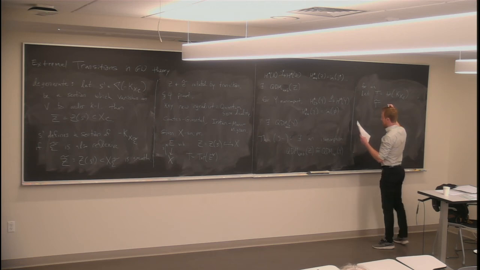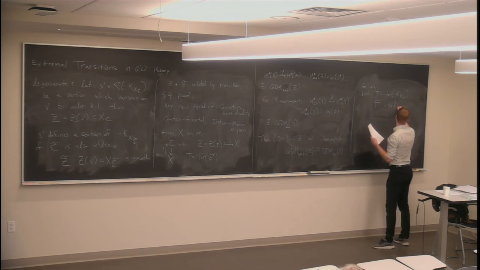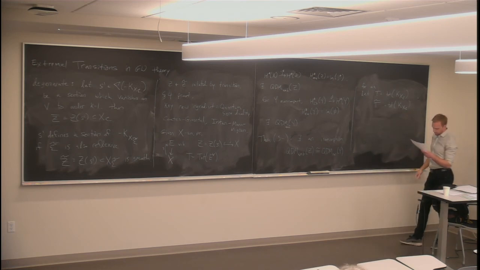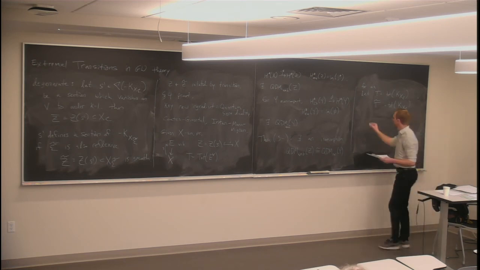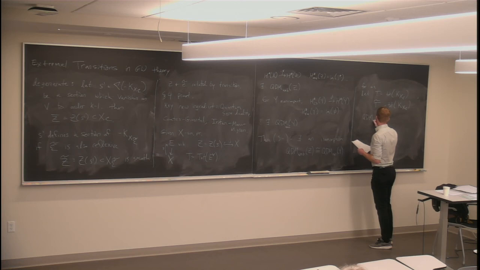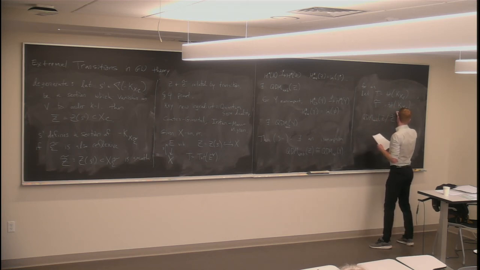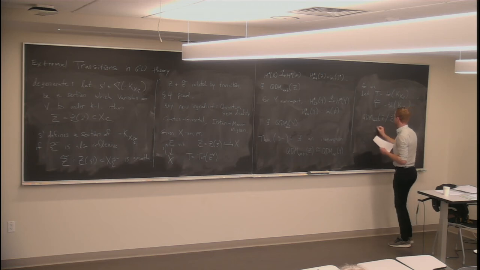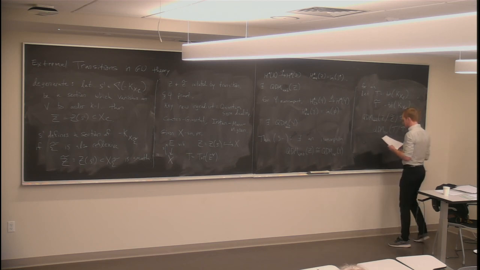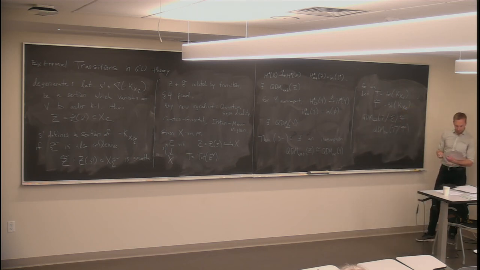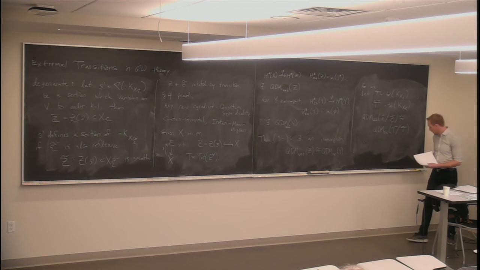Let T twiddle be the total space of the canonical on X sigma twiddle. Then the ambient quantum D module of Z or Z twiddle is isomorphic to the narrow quantum D module of T or T twiddle respectively. So that's the first reduction.